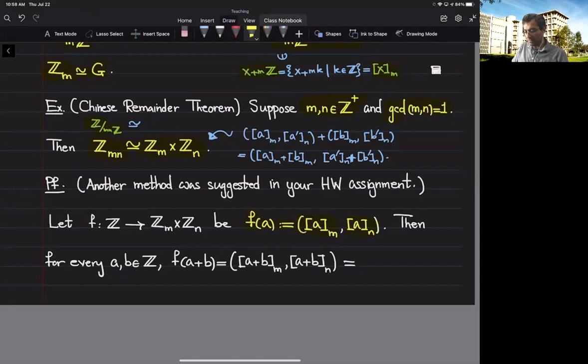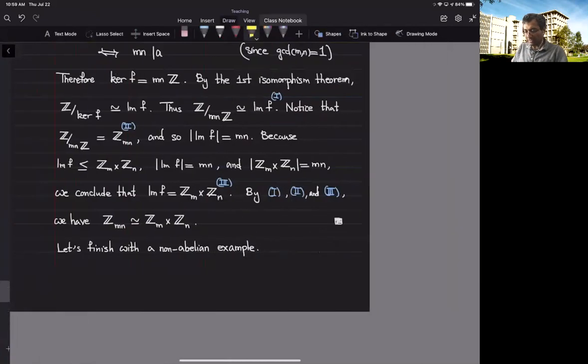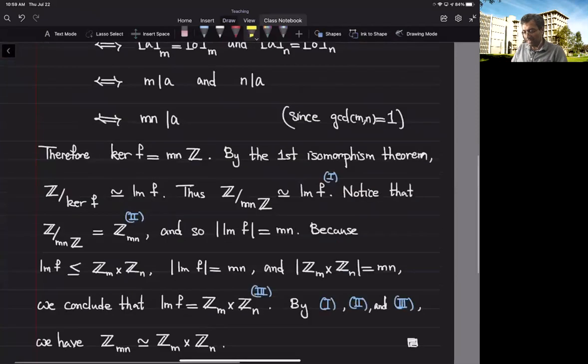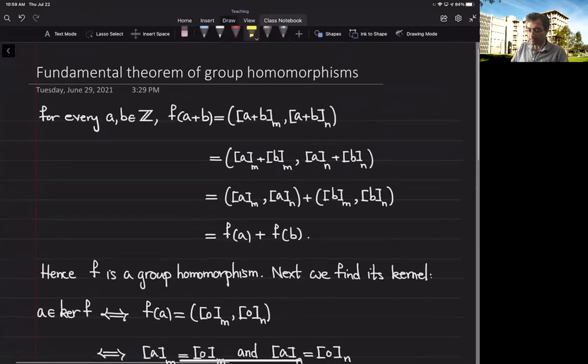My claim is that this function is a group homomorphism. Okay, let's check why this is the case. f of a plus b for integers a and b is the residue class of a plus b modulo m, comma, the residue class of a plus b modulo n. But this residue class is the same as the summation of the residue classes of a and b modulo m.